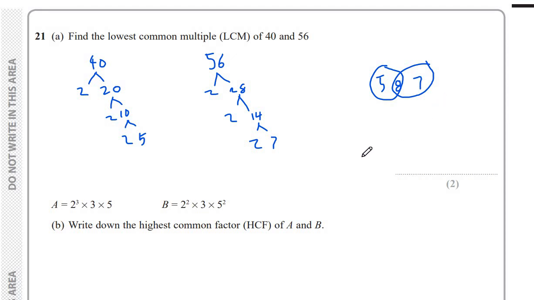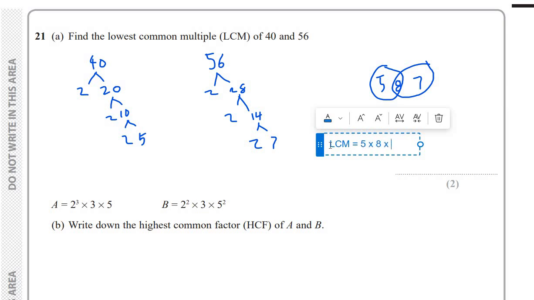So the lowest common multiple, LCM, is 5 times 8 times 7, and that is 280.